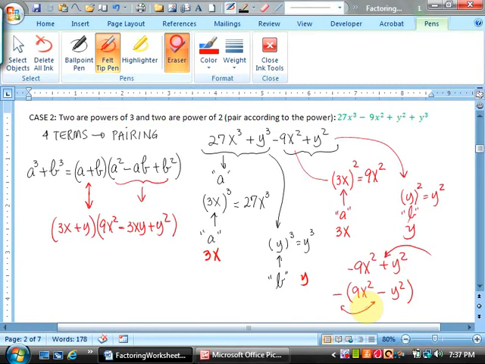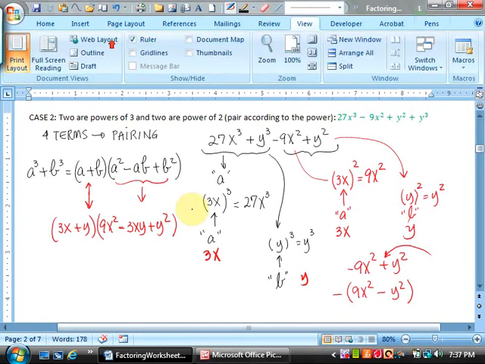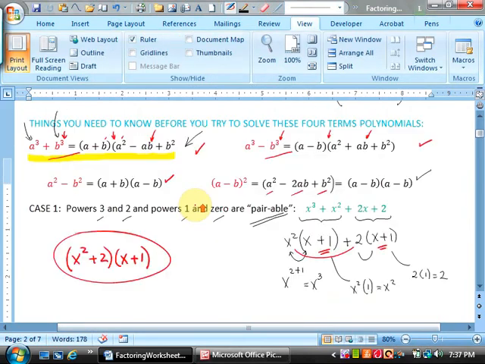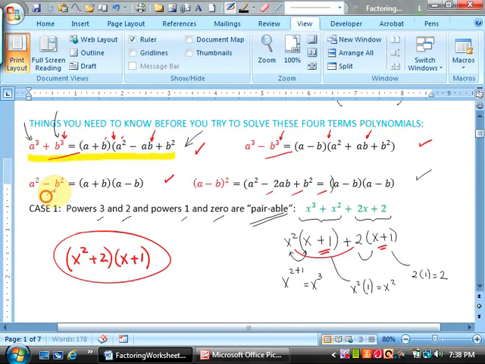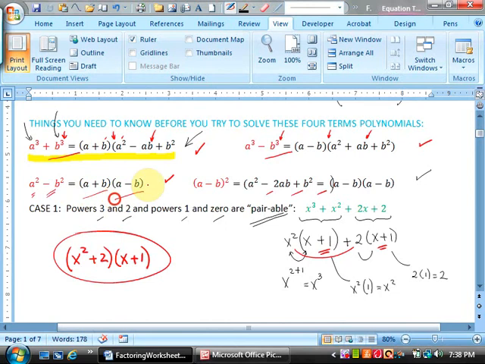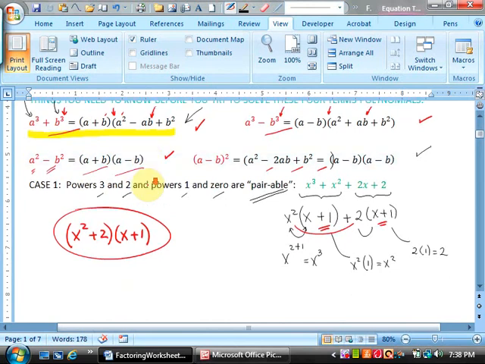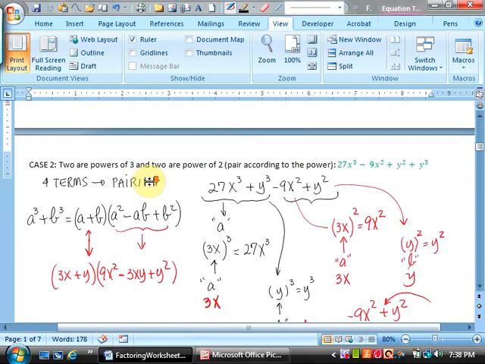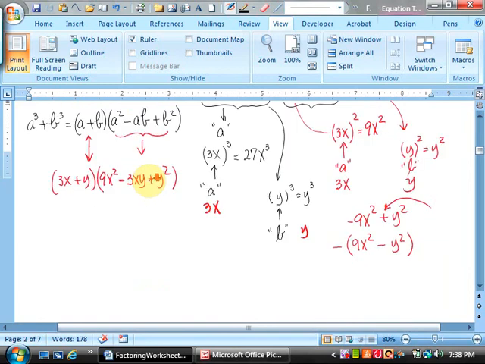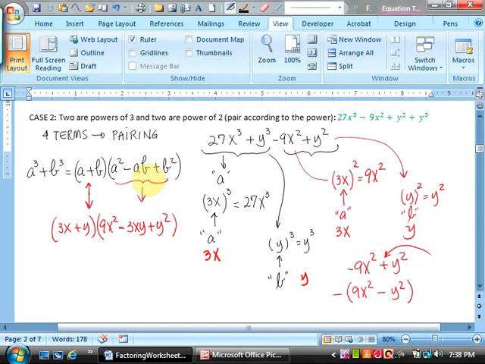All right? So now that I rewrote this by moving the minus to the outside, we go back to look at our models. And here we are. We have that a squared minus b squared is simply a plus b, a minus b. So we'll go back there, and we're going to say that this second piece is a plus b, a minus b. Now, who is a?